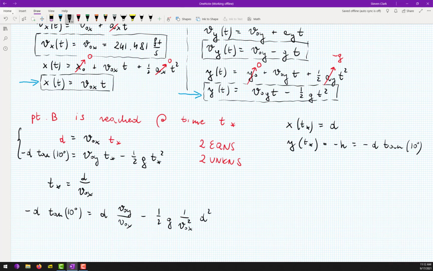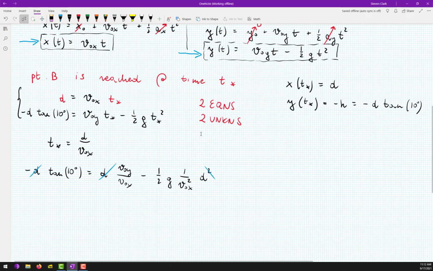I believe that some of the d's can cancel out, like that. And d is basically equal to 2 v0x squared divided by g.